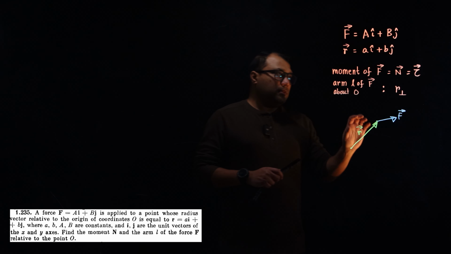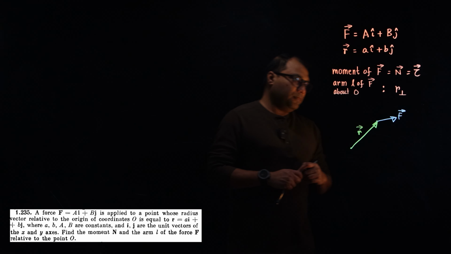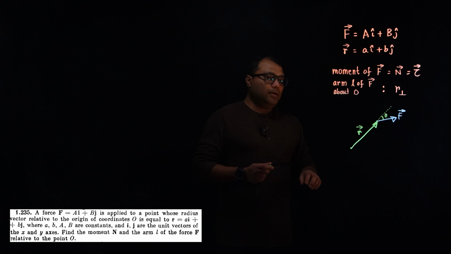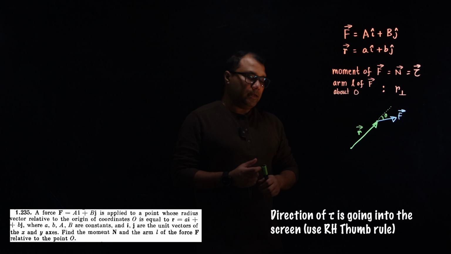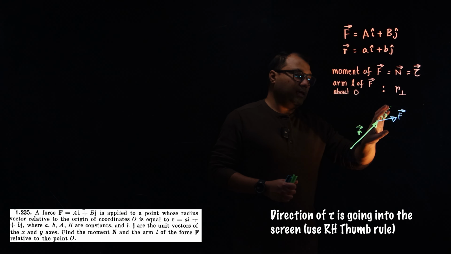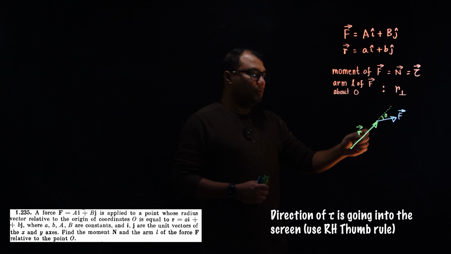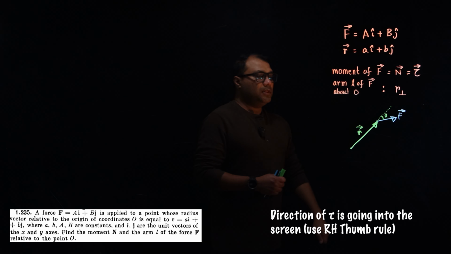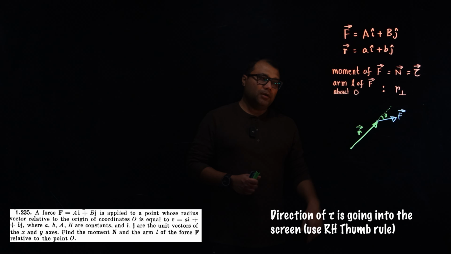So obviously the torque will be what? If the radius vector makes an angle theta with F, and if I take my right hand and move it from R towards F, the direction of the thumb gives me the direction of the torque.